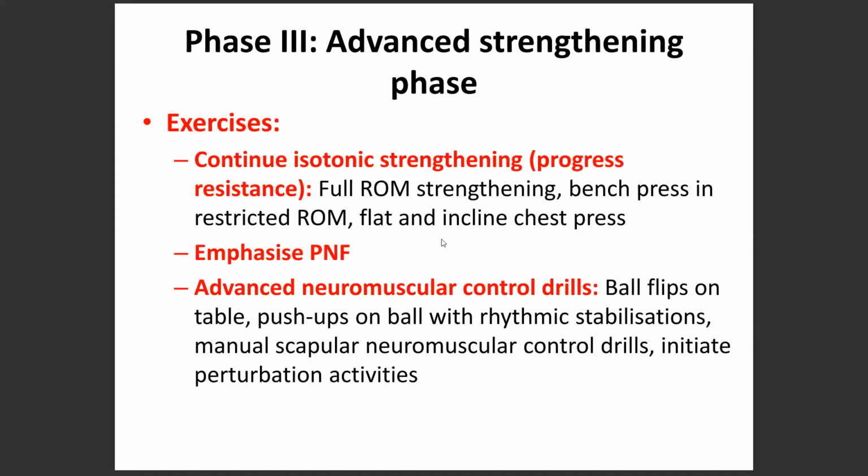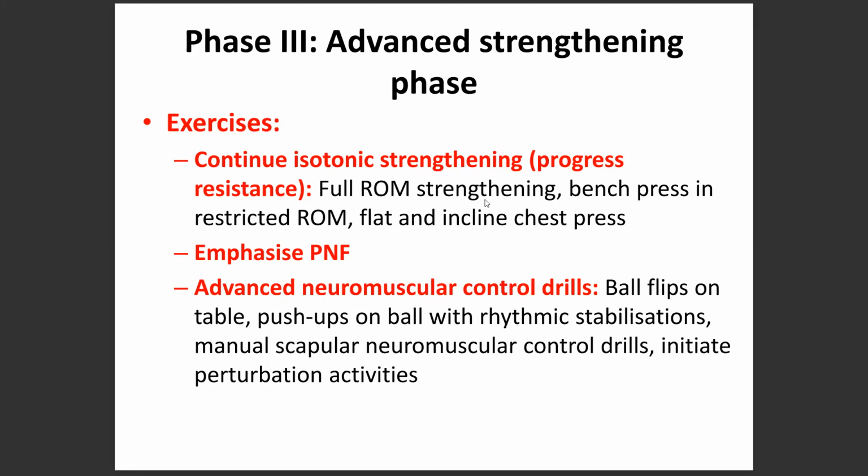So what exercises can we include in this phase? This is the continued isotonic strengthening resistance. We can increase the resistance somewhat. There was minimum resistance in phase 2, but in phase 3 we can increase the resistance as we now have full range of motion and there is no pain on any side of the shoulder.